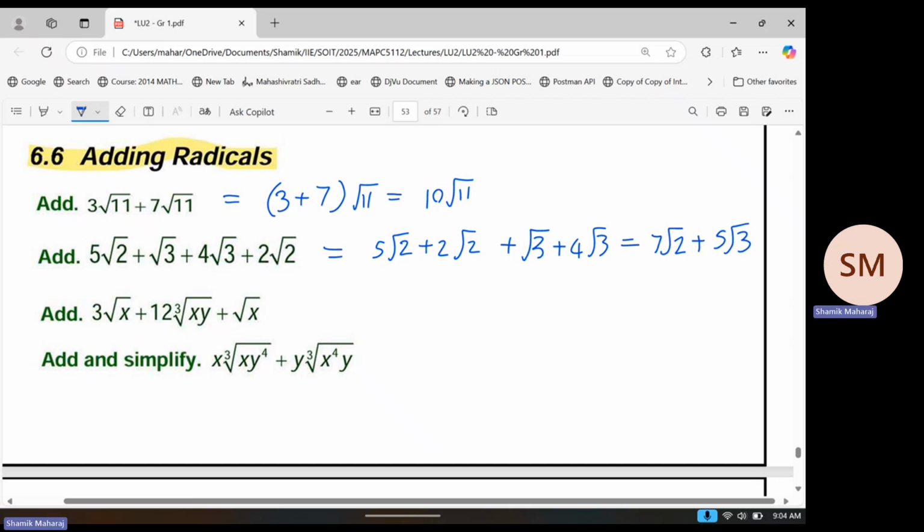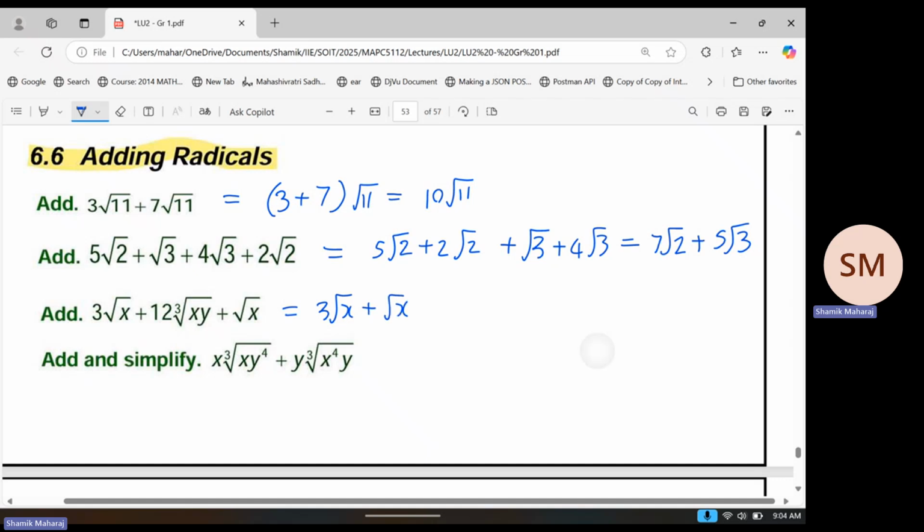Okay, now the third one. It probably looks a bit sinister, but it's not really so bad. So the third one, I think we can see a square root x, which is common here. So we can combine those two. Let me just write that. So 3 square root x plus square root x, we can combine those.